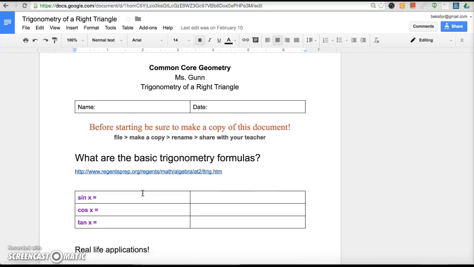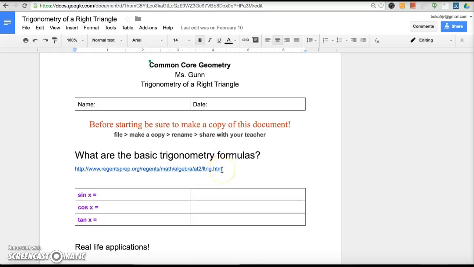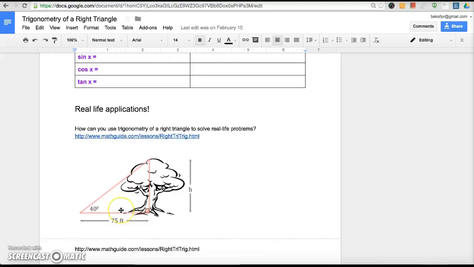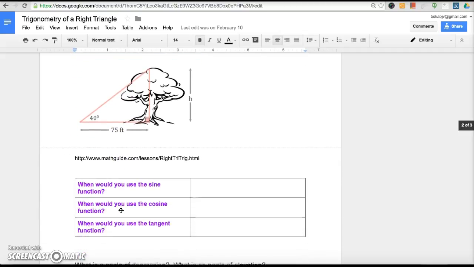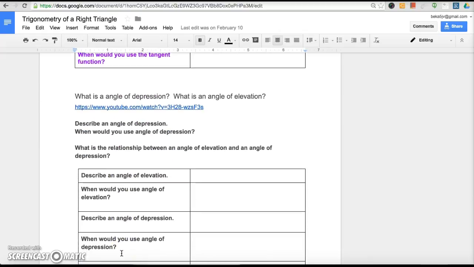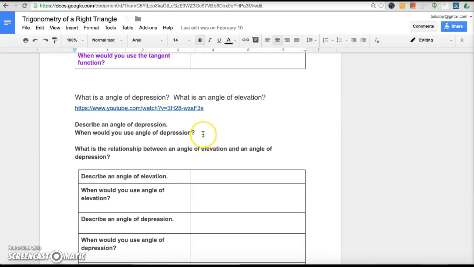Students would read this for homework, and as they were reading for homework, they could go to this site and see how they can answer these questions. For the next problem, they could go to a site and resolve this problem. And for the third thing, they could go to this site and resolve these questions. So everything was there to help them find the answers to all the questions.